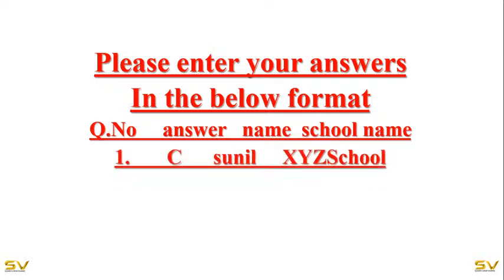This is the example format I'm showing you. The question number, and if your option is C, you can type C, and if your name is Sunil, you can type Sunil and the school name. This is the format you have to enter your answers. So now let's start the quiz.